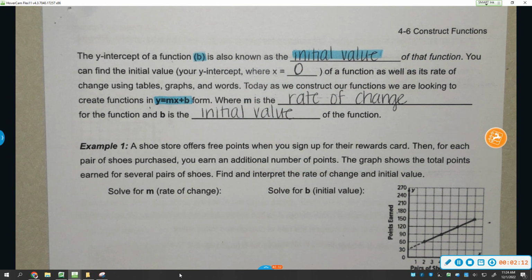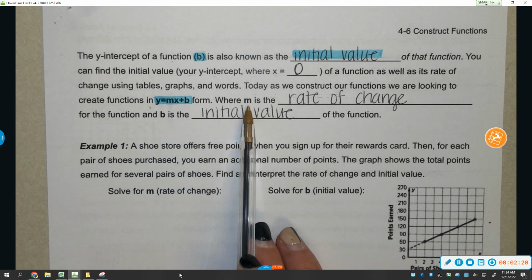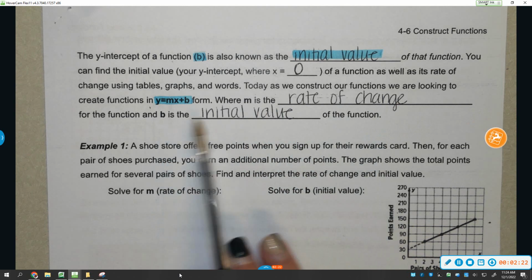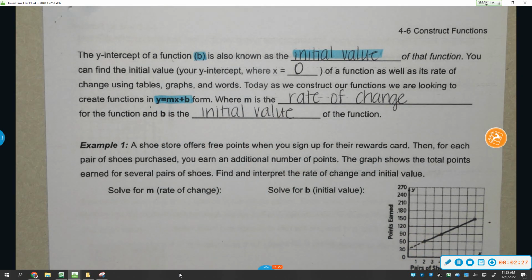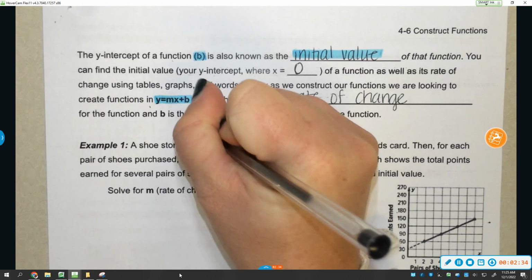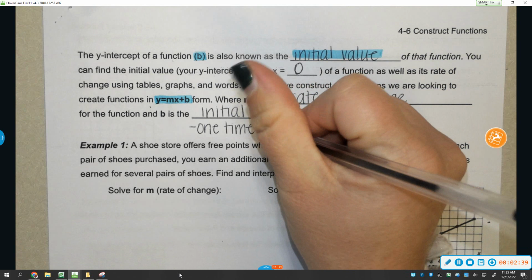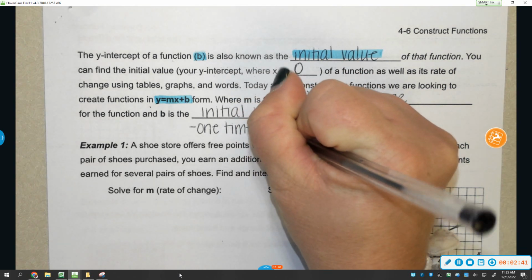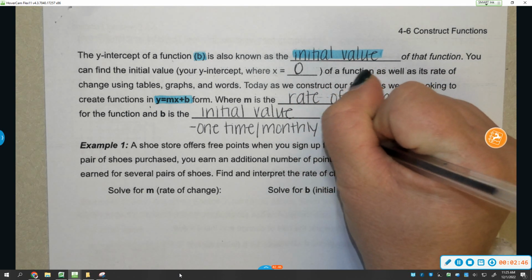So when we go to interpret these things, we're familiar with this equation form, so it should be easy to identify what our rate of change is and what our initial value is within the equation. Now, a few things that will help you. Initial values are oftentimes referred to as one-time, or in story problems, one-time or monthly or yearly fees.